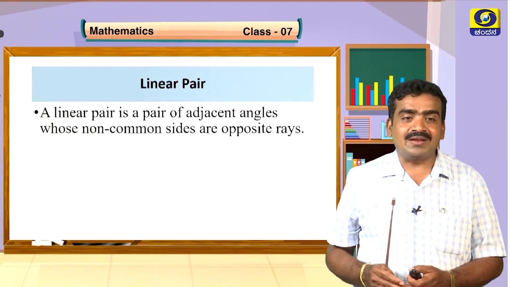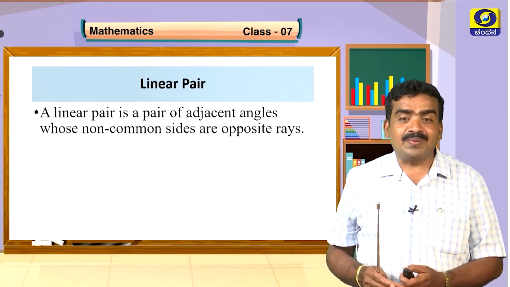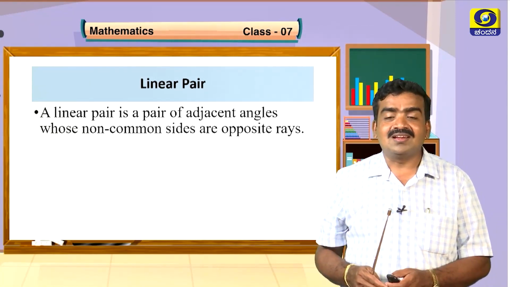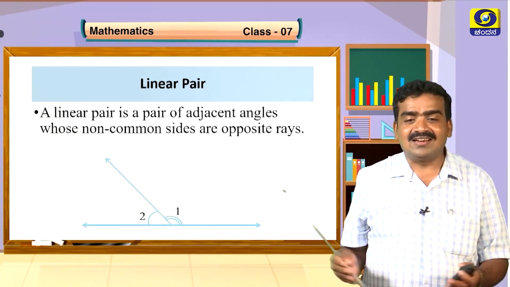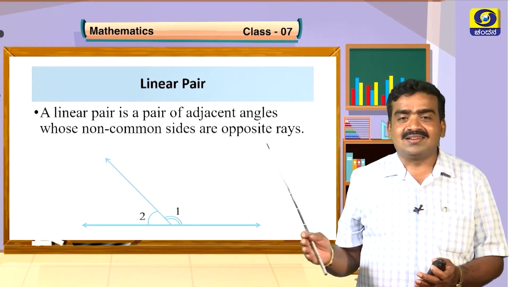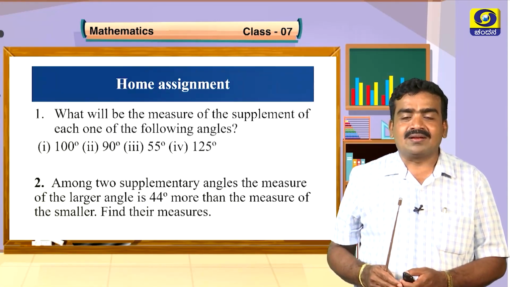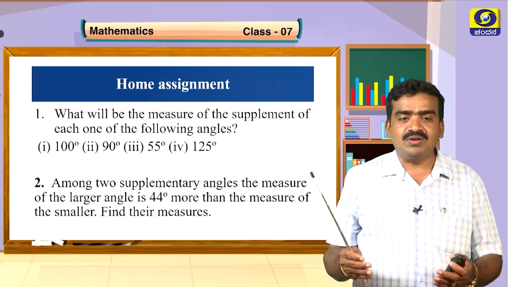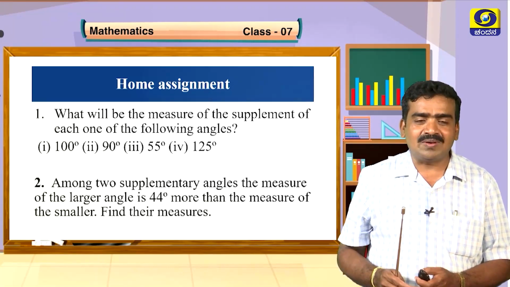A linear pair is a pair of adjacent angles whose non-common sides are opposite rays, and this picture indicates the linear pairs.